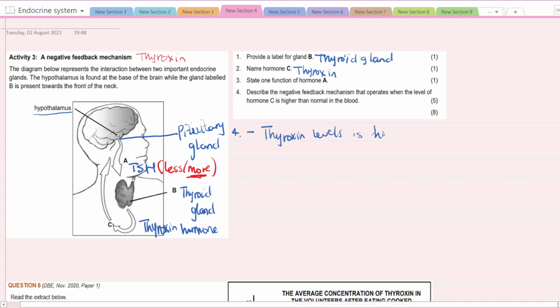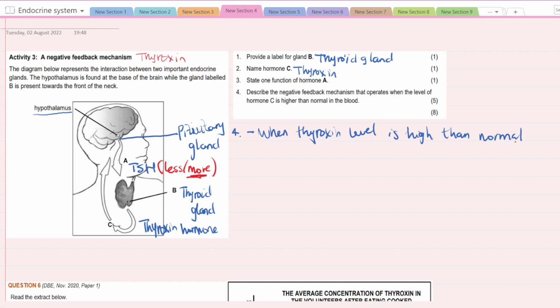When thyroxin level is higher than normal. It is important to mention this because this is your stimulus, right? When it is higher than normal, then what?